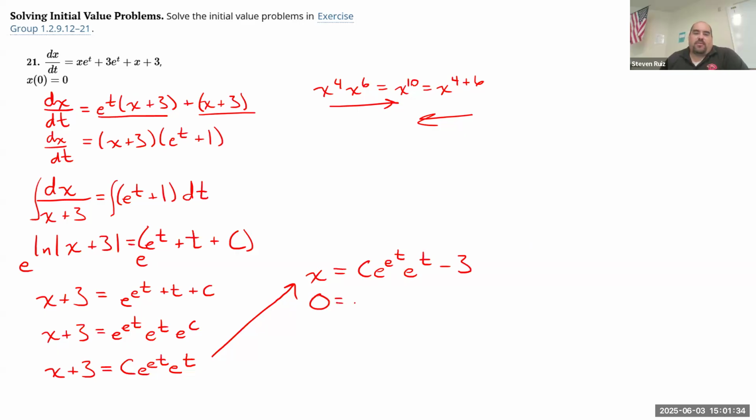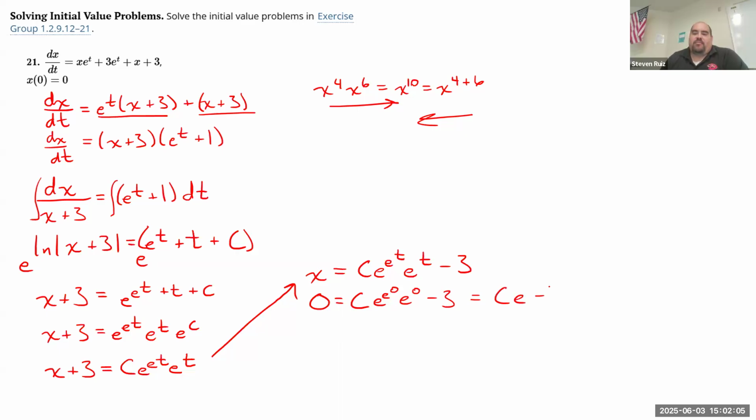So 0 equals c times e to the 0 times e to the 0 minus 3, which is equal to, e to the 0 is 1. So e to the 1 times 1.